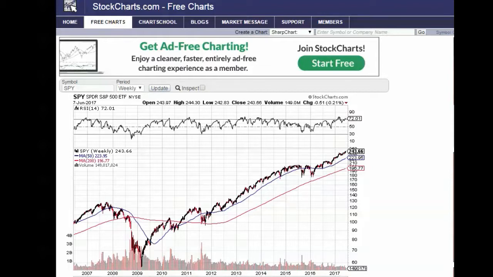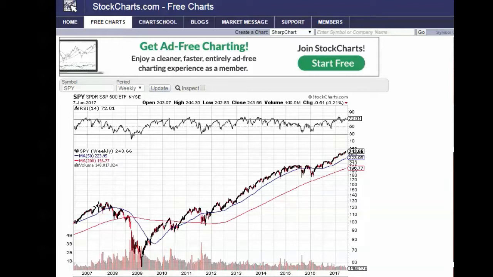So along the bottom here is the time frame, and you'll see the years 2007 through 2017. And then you'll see this is the price going up this line. So you can see how the price has moved over this 10-year time frame.